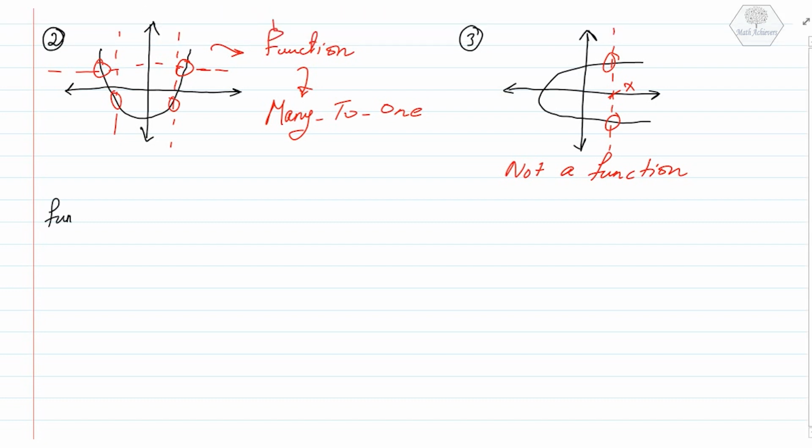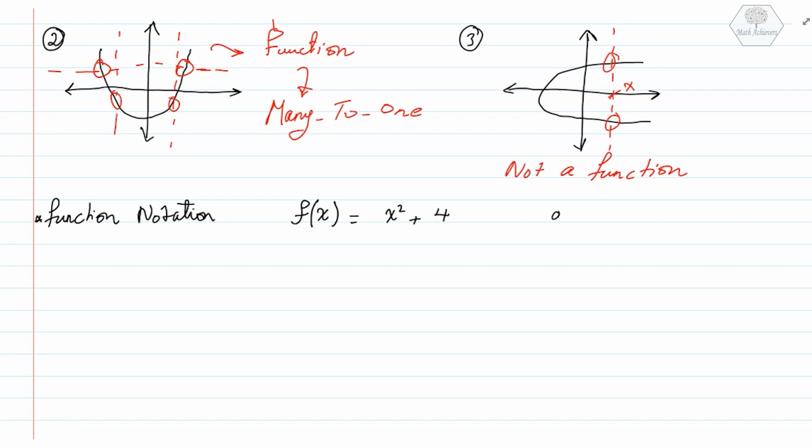So for function notation, it's simply f of x equals x squared plus 4. This is what's meant by function notation. I assume a function as f of x equals x squared plus 4, or I can say r of x is equal to x plus 2. This is a function.